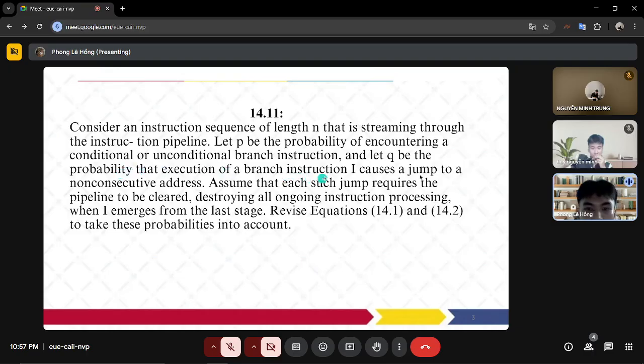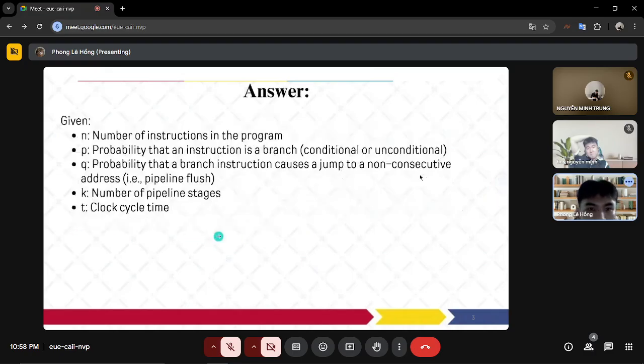Assume that each jump requires the pipeline to be cleared, destroying all ongoing instruction processing, when the instruction emerges from the last stage. Revise equations 14.1 and 14.2 to take these probabilities into account. So the question gives us n, the number of instructions in the program, and p, q, k, and t.